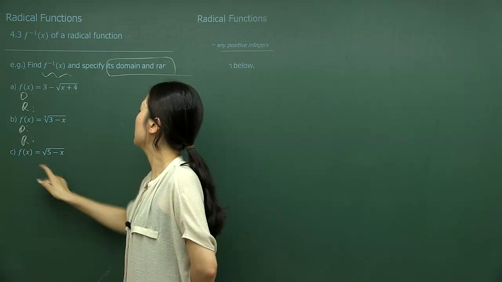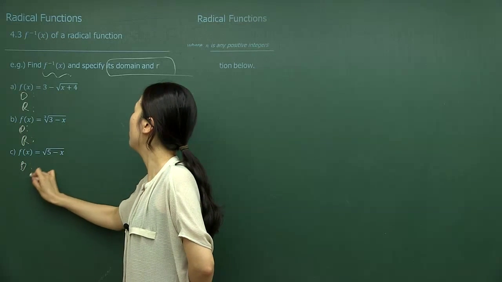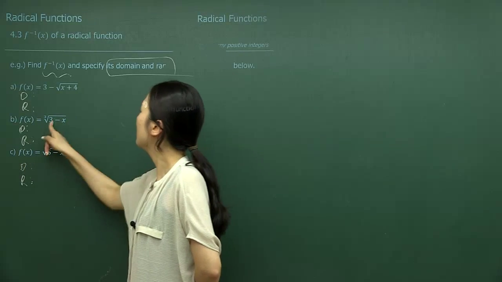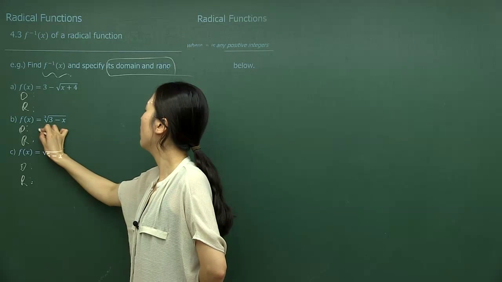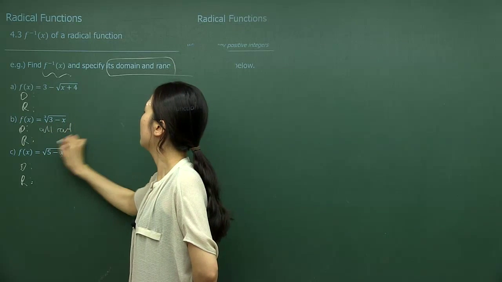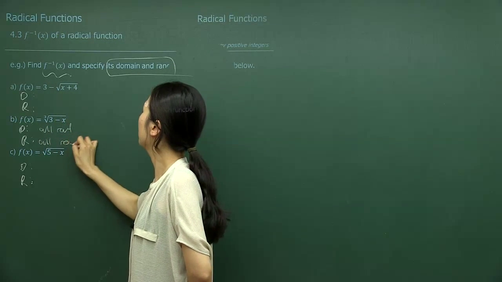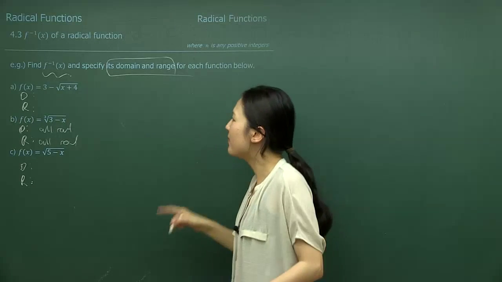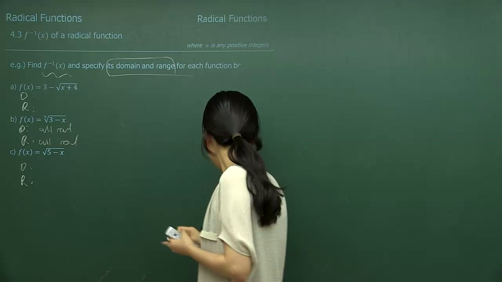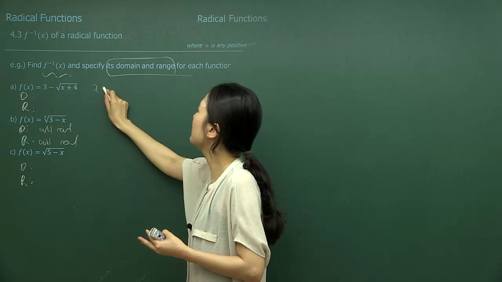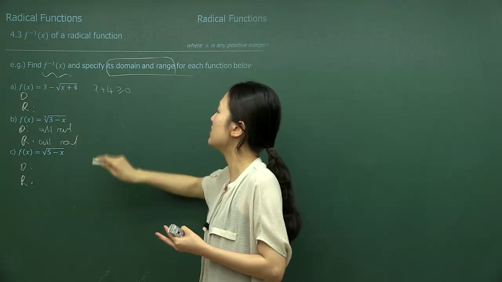So by using the same rule as before, I'll just quickly go through the domain and the range. It's all real. Okay, here we go. What is all real, guys? This one, the middle one. You see how 3 is given here? It will be all real. Okay, however, for this one, for the domain, we need to keep x plus 4 greater than or equal to 0, right?